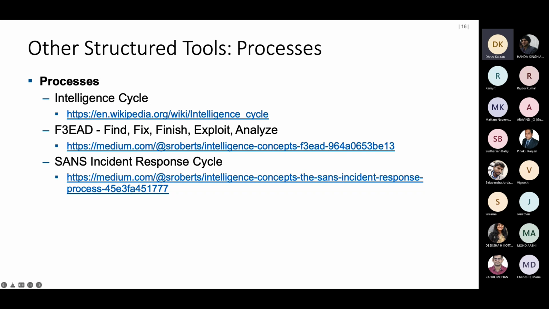Okay, there are a couple of other tools as well that are used, and there are a couple of more incident response cycles like the SANS ones, like F3EAD as well. There are multiple tools that people use doing almost similar kinds of things, but we will pick up the two most popular ones and look at them. Any questions on any of the frameworks?